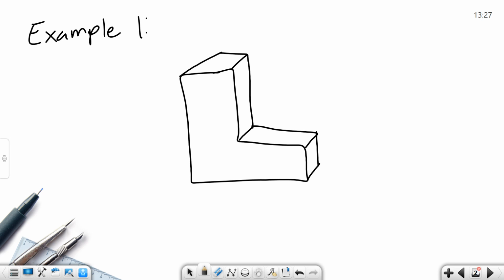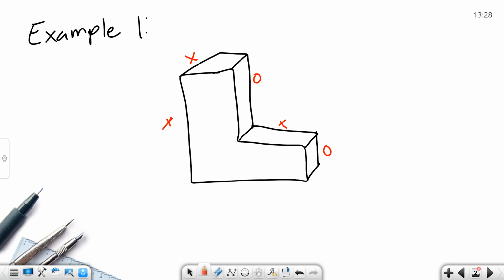For our first example, we have an L-shaped rectangular prism. Now, depending on the information that you're given, there's a couple of different approaches that you could take. It's really going to depend. If I have this side length and this length, all I truly need is either this one or this one, and that will definitely need the depth.